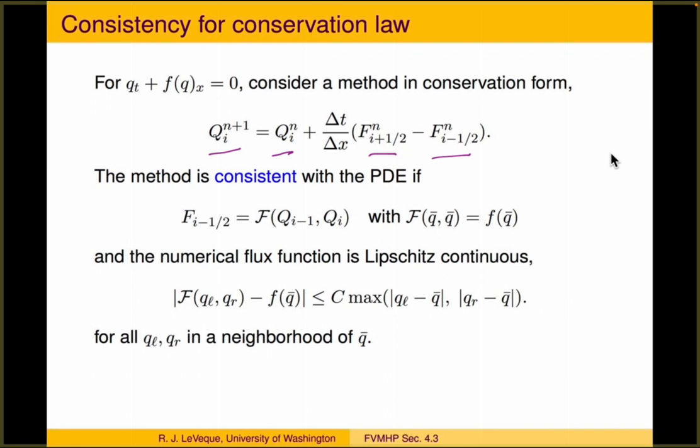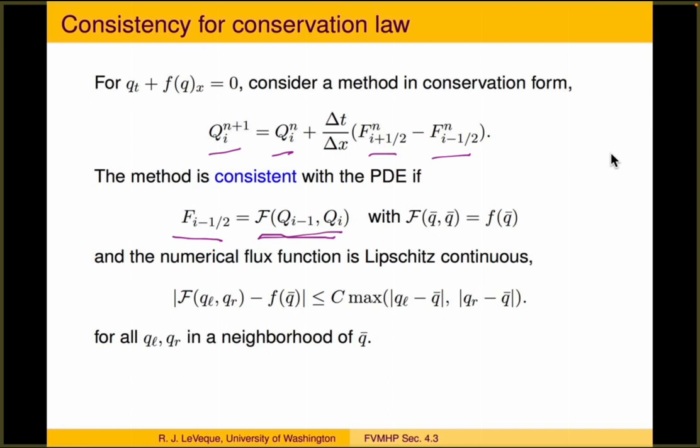And it turns out what we really want for proving convergence in some cases, also when we have shock waves or other discontinuities, is that these numerical fluxes at each edge of the grid cell are defined by some numerical flux function, which I'll call script F, based on the data in the cell to the left of the interface and the data in the cell to the right of the interface.